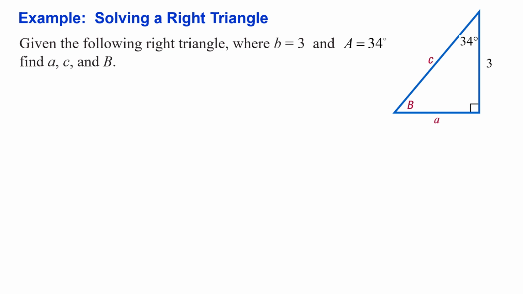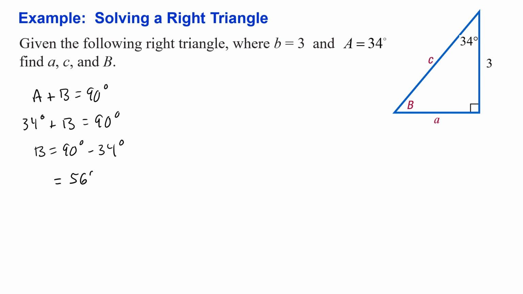So first, let's find angle B. We know that angle A plus angle B equals 90 degrees. So 34 degrees plus B equals 90 degrees, and therefore B equals 90 degrees minus 34 degrees, which equals 56 degrees.